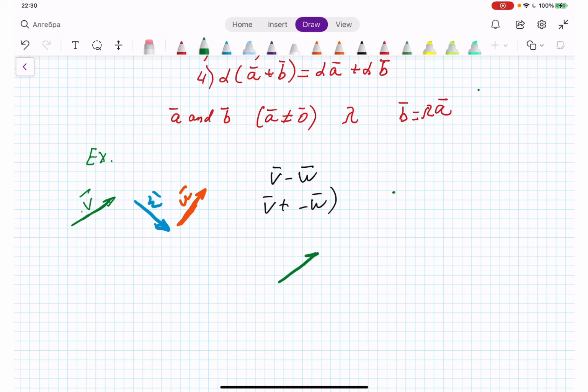Don't judge me if it's not precisely parallel or the length is not the same. Next, adding negative W. Since W goes down, that means negative W is going to go parallel but up, right?